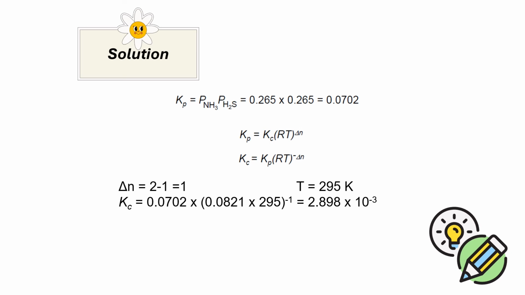In this equation, the difference in the number of moles is equal to 2, the total number of moles of product, minus the number of moles of reactant, which is 1. So 2 minus 1 is 1. And the temperature is given in Kelvin, 295 Kelvin. By substituting the values in the equation, we will get 2.898 times 10 to the negative 3 as Kc for the reaction.